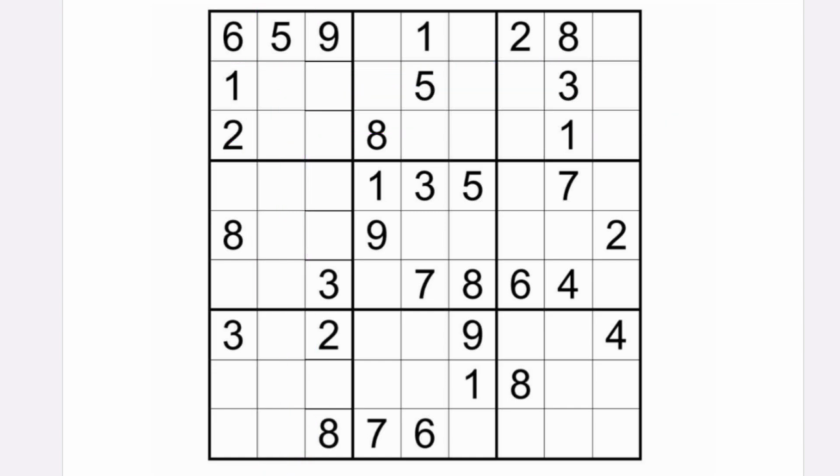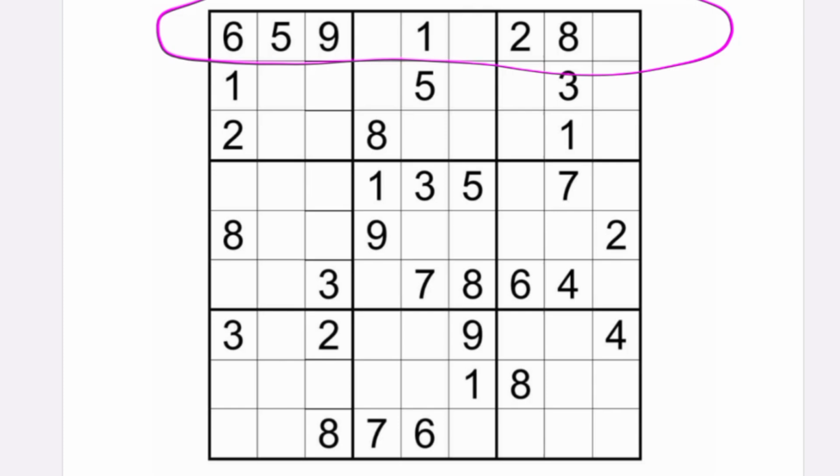For the first column, let us find its missing numbers. There's no number 3, number 4, and number 7 there. So let's start with the number 3.